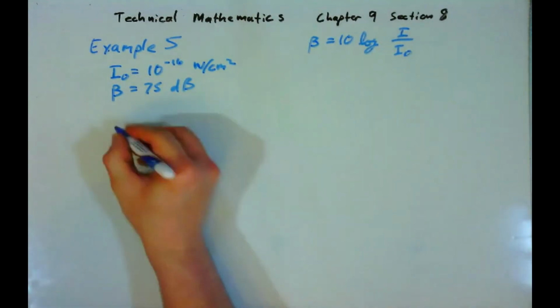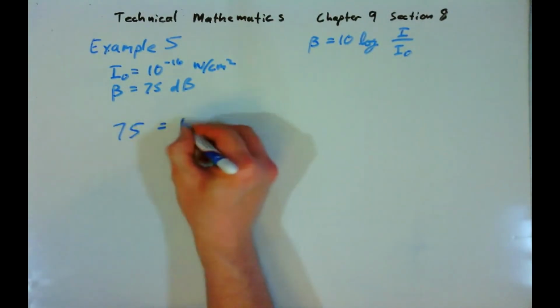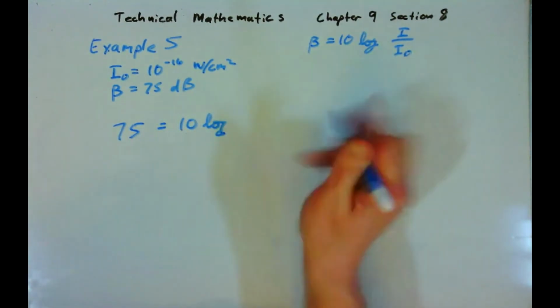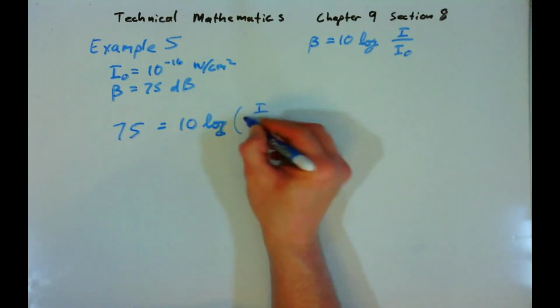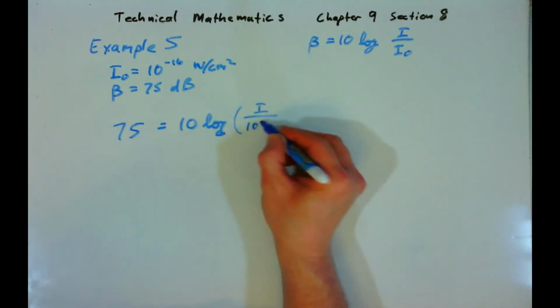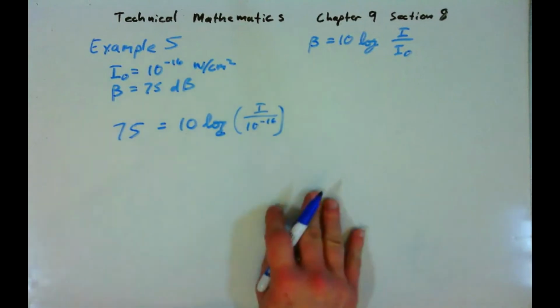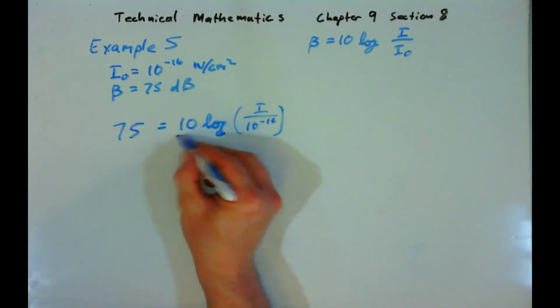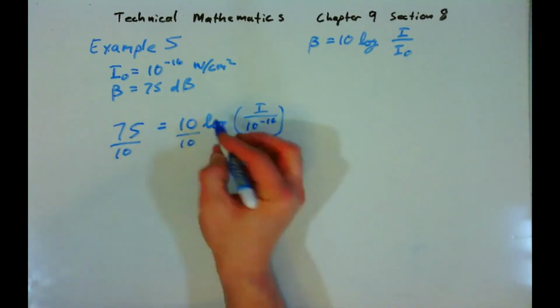So we'll plug these numbers in. We have 75 decibels is equal to 10 times the common log of I divided by I0, where I0 is 10 to the negative 16th power. And so we want to start by dividing by 10 on both sides.